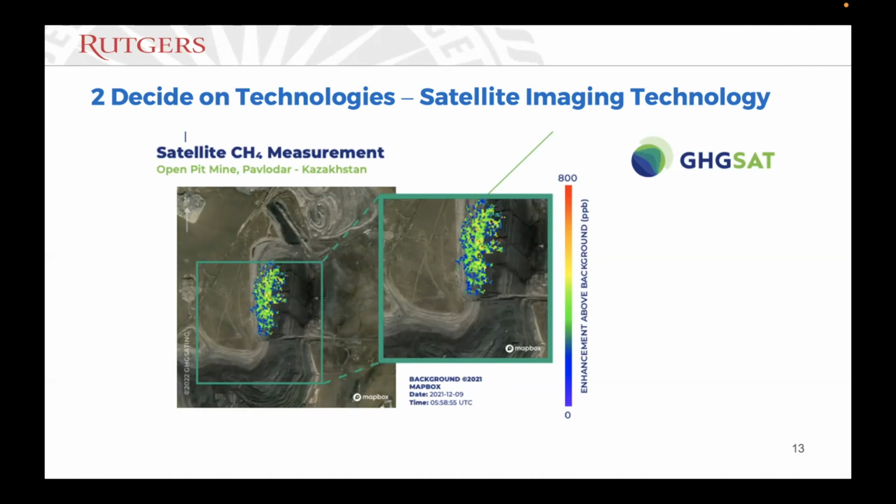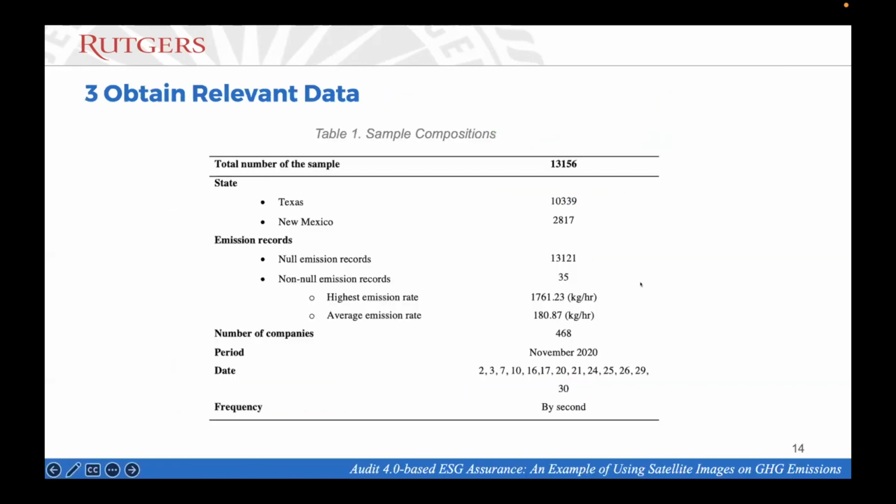The sensors can estimate the methane emissions from the satellite images, also using machine learning algorithms. Then we obtained the relevant data from this company. It's only sample data for 1 month, estimating the emissions from the Permian region in Texas and New Mexico, and the frequency is by second.